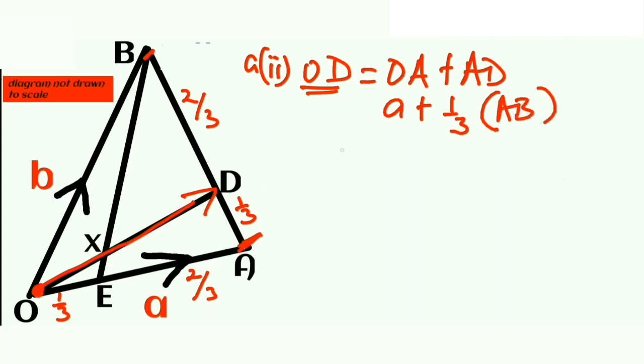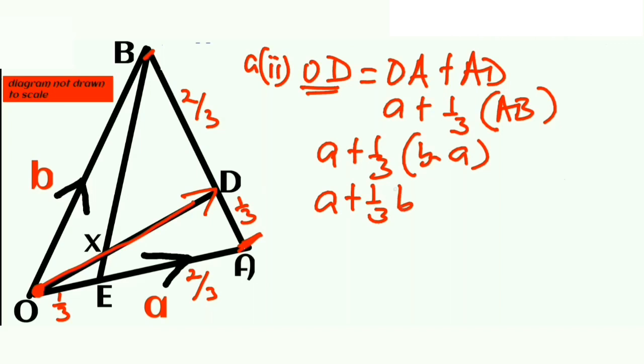So A plus 1/3, and the value of AB from A part 1 equals B minus A. The next stage is to remove the bracket. It's A plus 1/3 B.